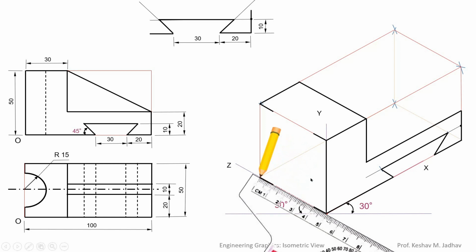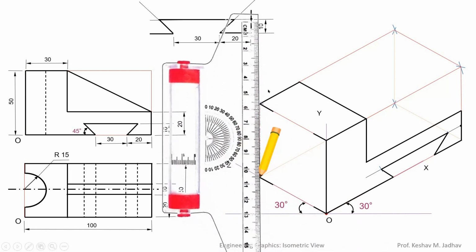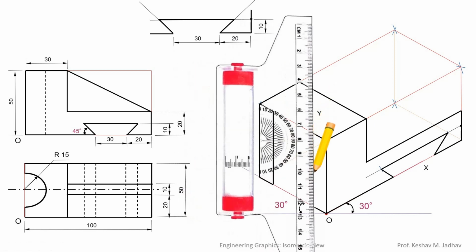Similar to this line, on this side also we have to draw a vertical line which is of 50 mm length. So make a roll and draw parallel to the y-axis and connect these two ends like this. So similarly we can draw a line at these two corners. Means it will connect these two ends as well as these two ends like this.